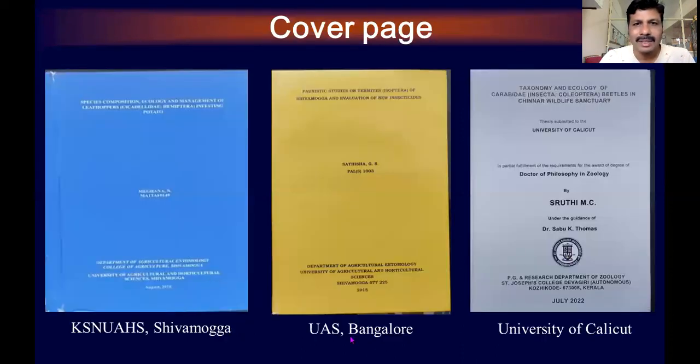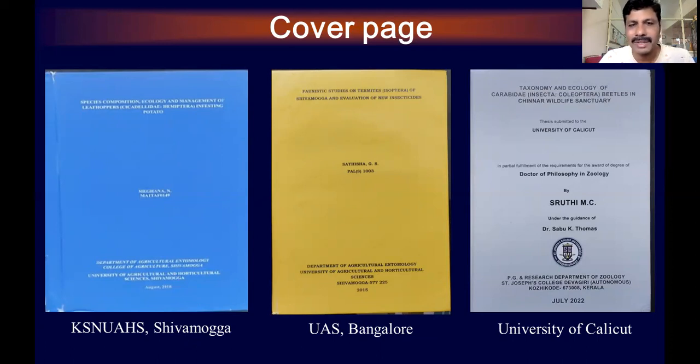You can see here the cover page recommended by a university varies. For example, in our university, Karnataka University of Agricultural and Horticultural Sciences, you can see the blue wrapper, and otherwise the contents are more or less similar: title, the researcher, the student name, the department for which you are submitting the thesis, and the university name.